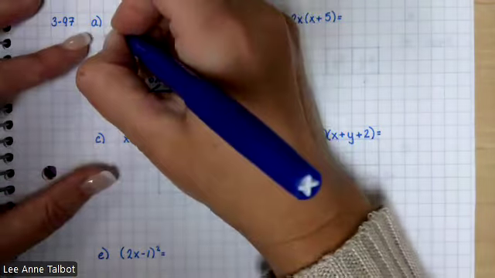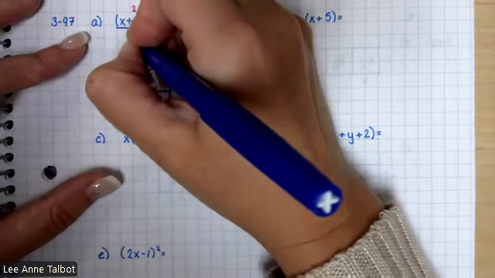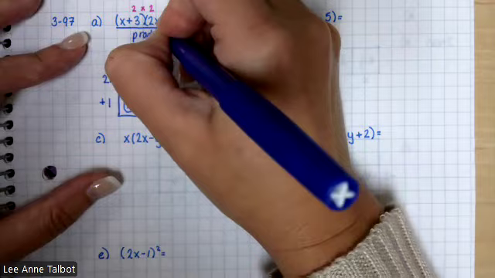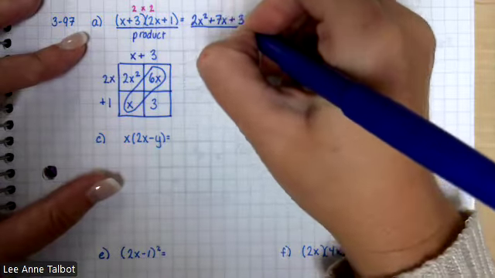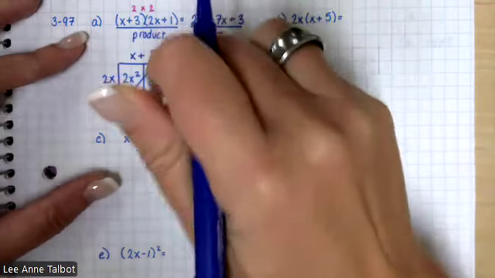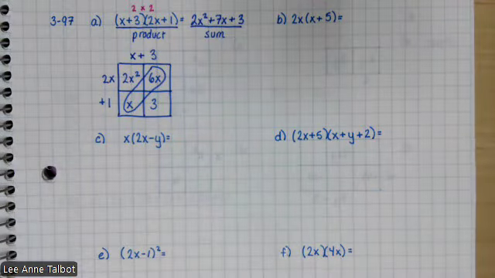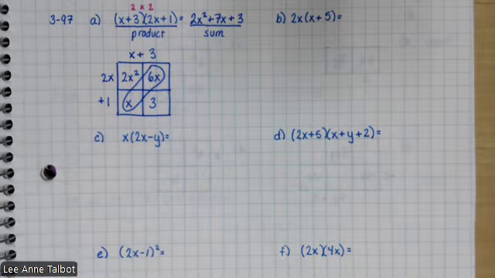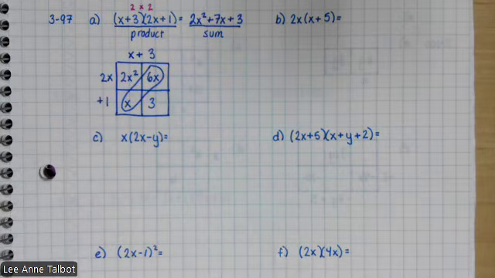Okay, and then come back up to the top. Underline the problem as the product. Underline the answer as the sum. That's a full credit response right there.